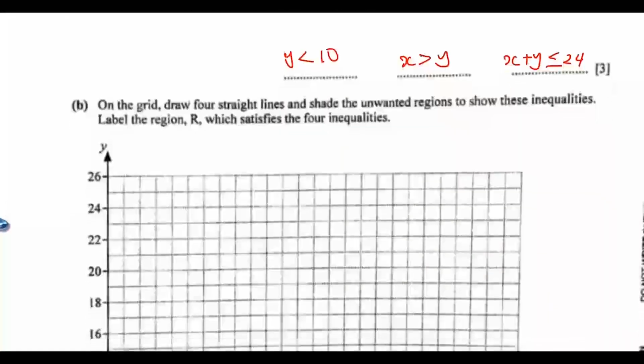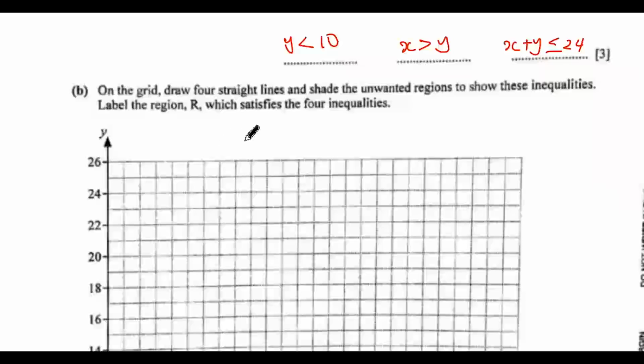Part B: on the grid, draw 4 straight lines and shade the unwanted regions to show these inequalities. Label the region R, which satisfies the 4 inequalities. So we have the 4 inequalities here. The first one is x less than or equal to 16.